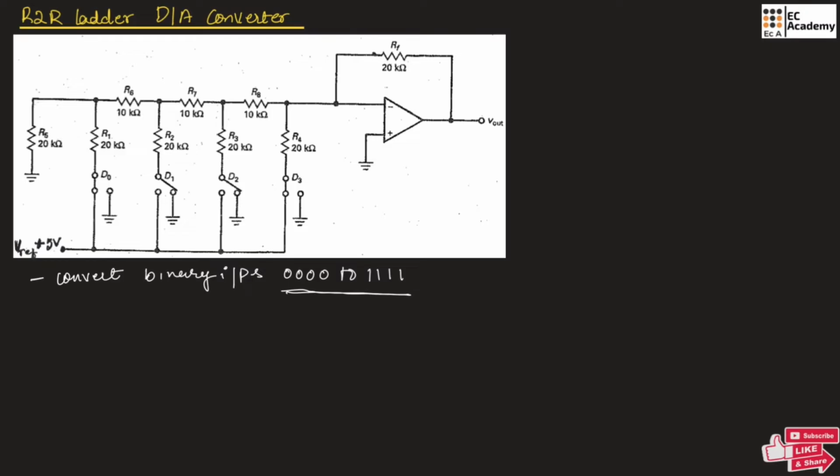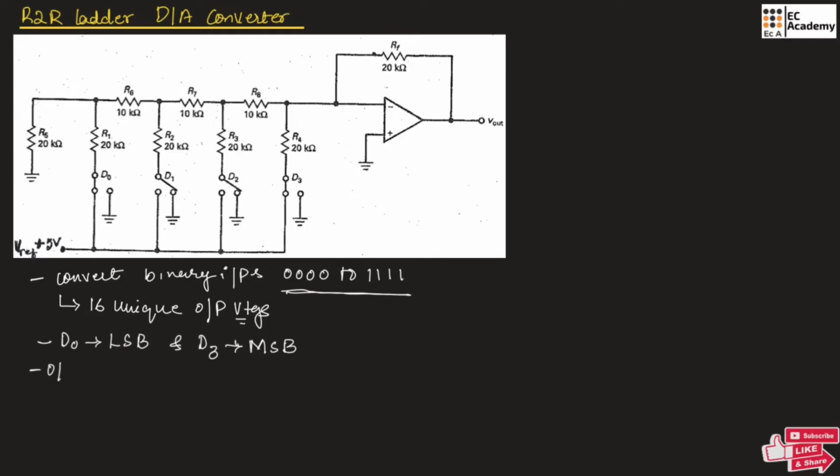So for these 16 combinations of input, we will get 16 unique output voltages or output levels. Here switch D0 represents the least significant bit, and switch D3 represents the most significant bit.